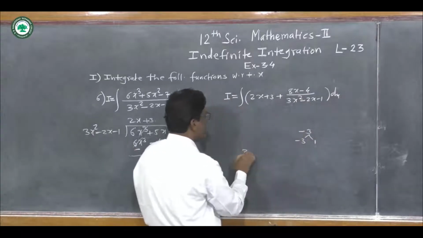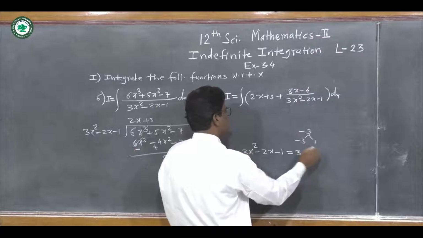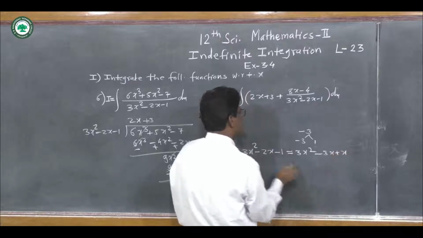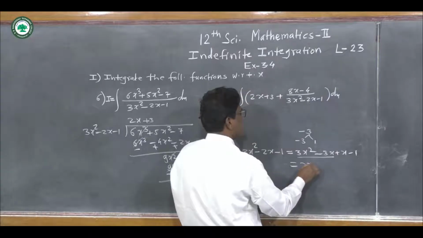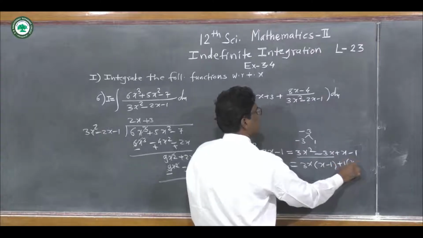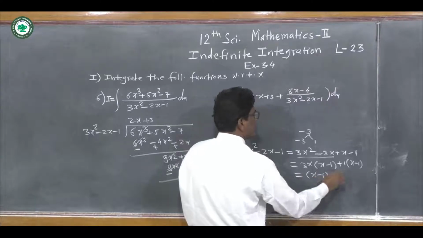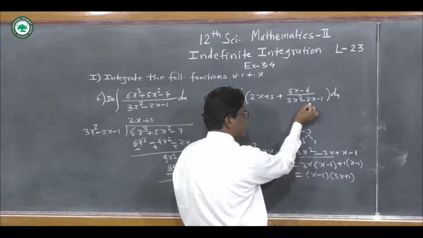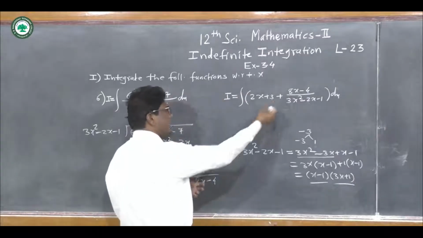So we write 3x square minus 2x minus 1 as 3x square minus 3x plus x minus 1, which equals 3x(x minus 1) plus 1(x minus 1), and taking x minus 1 common, (x minus 1)(3x plus 1). So the factors of 3x square minus 2x minus 1 are x minus 1 into 3x plus 1. So we write the factors directly.